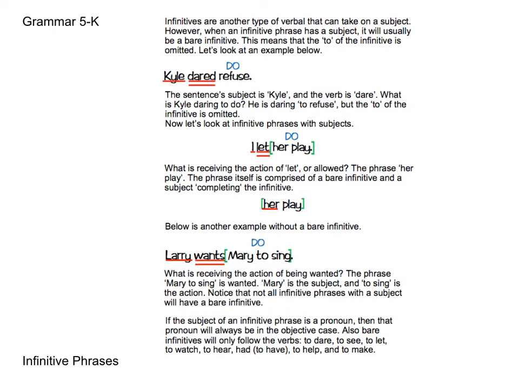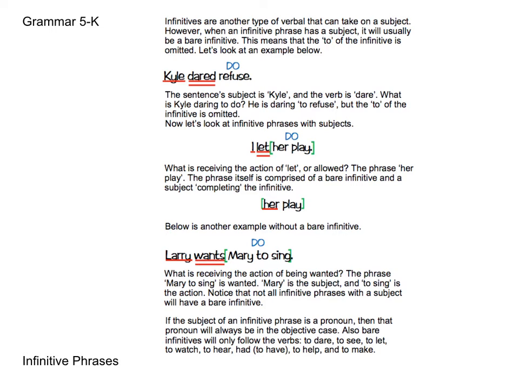Now let's go back to pronouns in the infinitive phrase. Notice that it will always be in the objective case, because remember, the subjective case we keep for the subject or a PN. All other pronouns in the sentence are either going to be possessive or objective, and so in this case, we keep them as objective pronouns. But notice that when we have a name, the name is just the name.